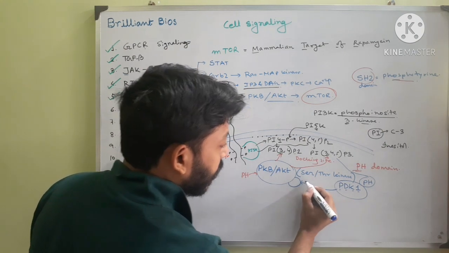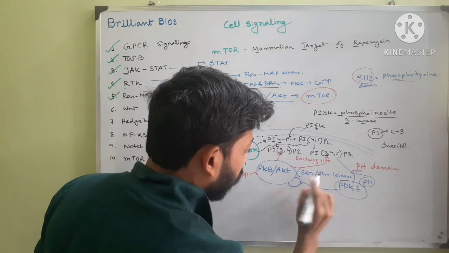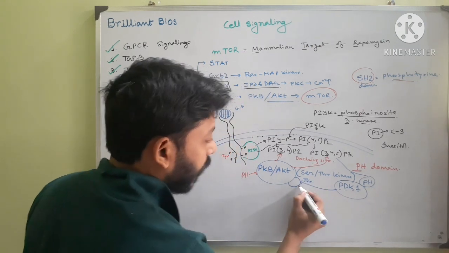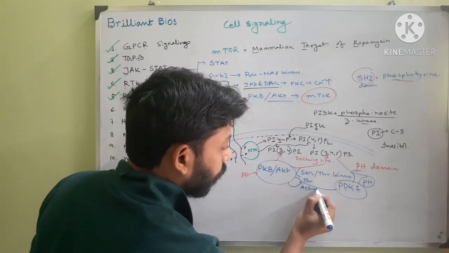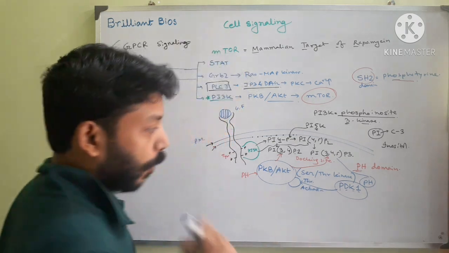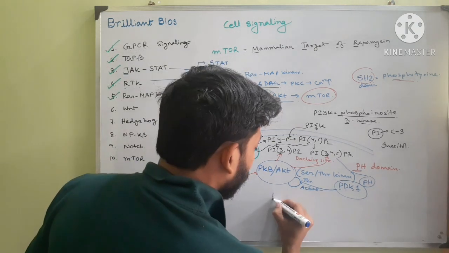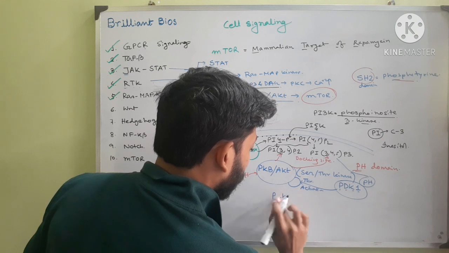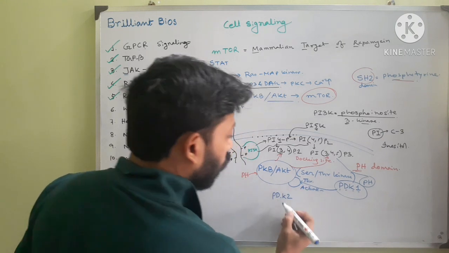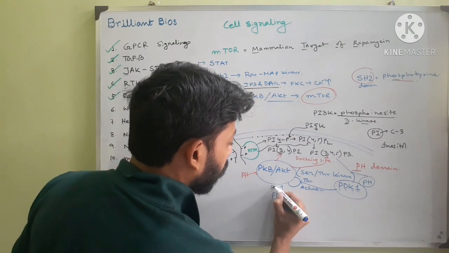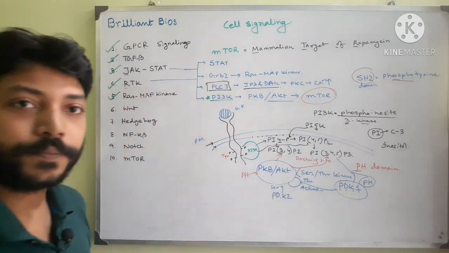PDK1 phosphorylates at the threonine position of the activation loop, and also a molecule called PDK2 phosphorylates at the serine position of this PKB molecule.